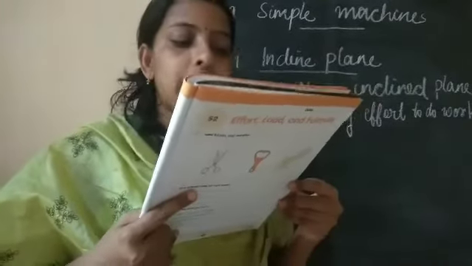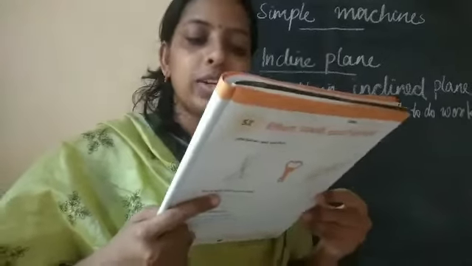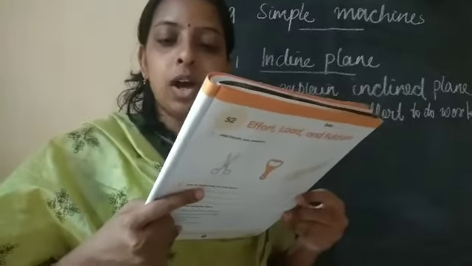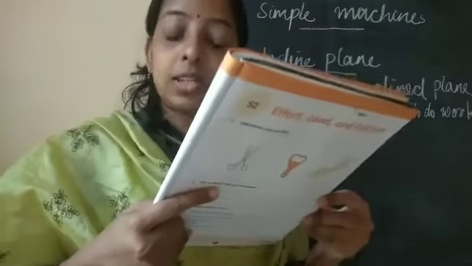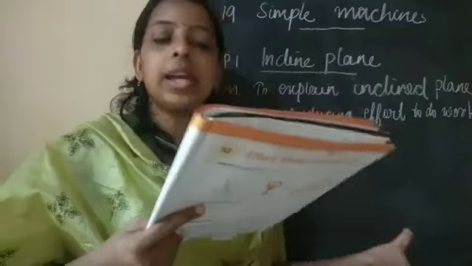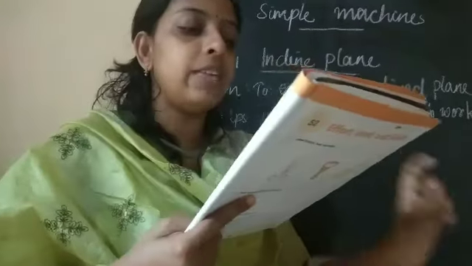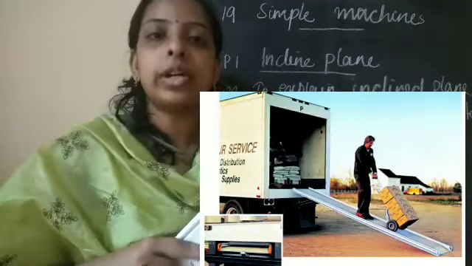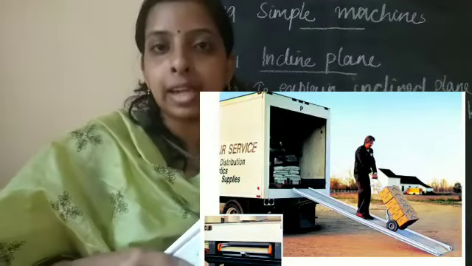Then the second one: Amit has to load 100 heavy boxes into a truck. What can he do to make his task easier? How would it help him? He has to take 100 heavy boxes into a truck. Okay, from the truck to the ground he has to make an inclined plane.